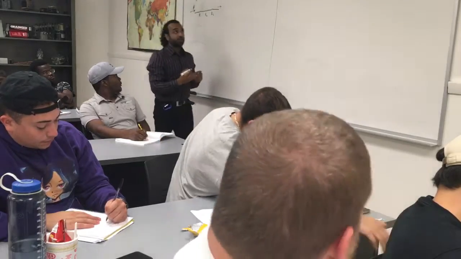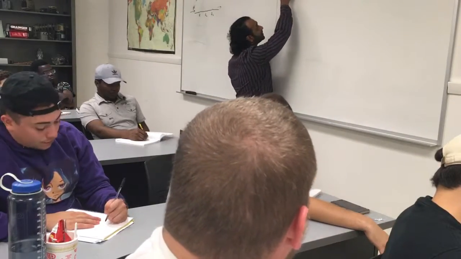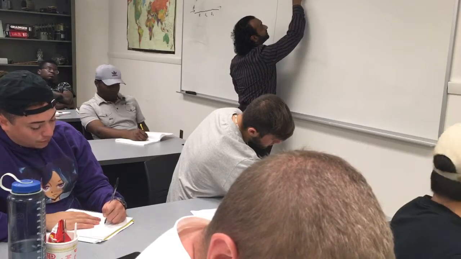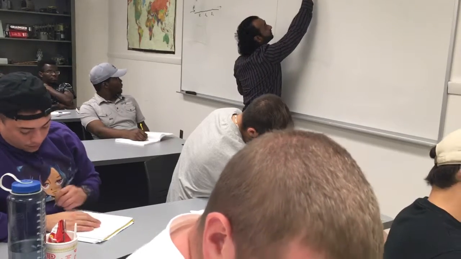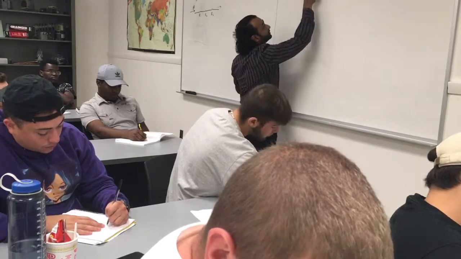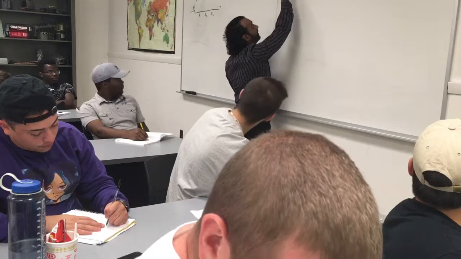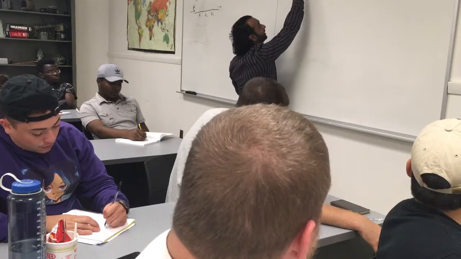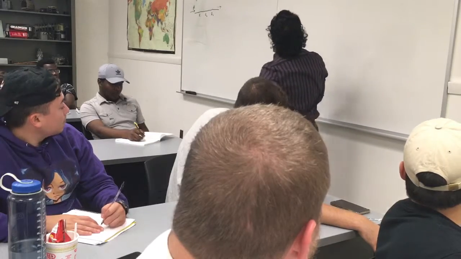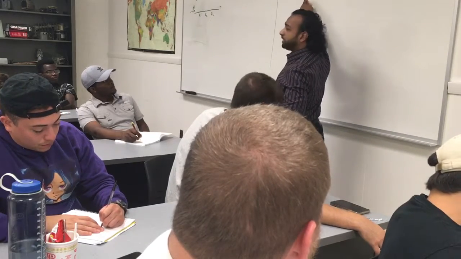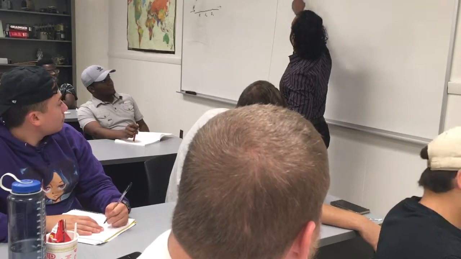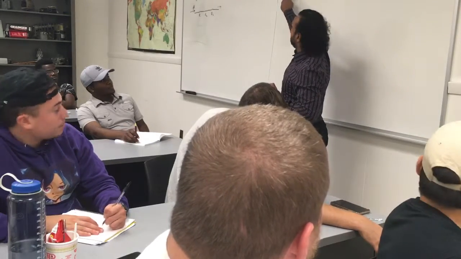For parallel, this is the current coming here. However, it's dividing. R1, R2, I'm going to call this A1, A2, A3. So if I add A2 and A3, what would I get?